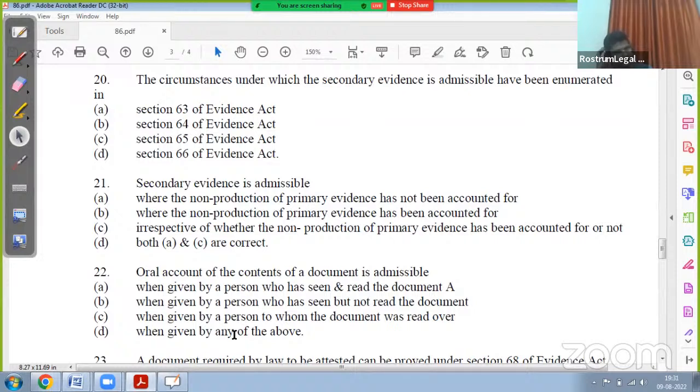What should be the correct answer? अब देखिए, अगर आपने इंडेक्स पढ़ा है तो आपको ये क्वेश्चन डायरेक्ट आ जाएगा. इंडेक्स बेस्ड क्वेश्चन है. सेक्शन 63, 64, 65, 66. व्हाट शुड बी द करेक्ट आंसर? बताइए जल्दी से.